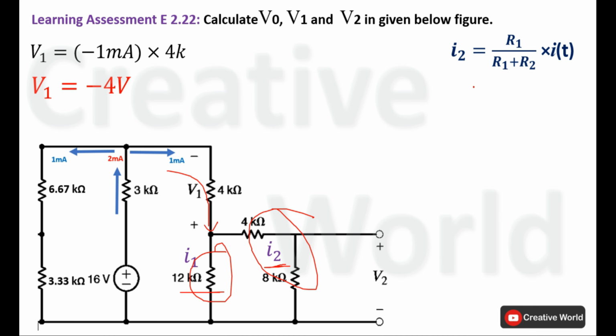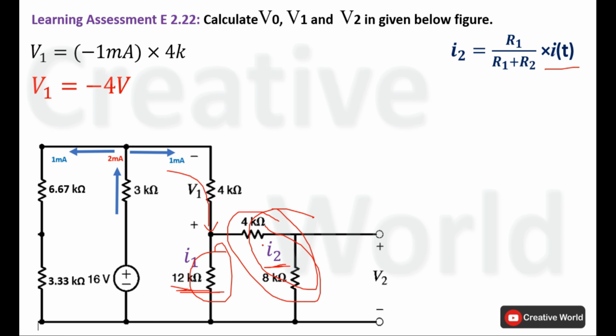In this case, the equation of current divider rule will be I2 equal to R1 divided by R1 plus R2 multiplied by total current. The total current is 1 milliampere that is entering this node. R1 is this 12 kilo ohm and R2 is the sum of these two resistances, that is 12 kilo ohm also.